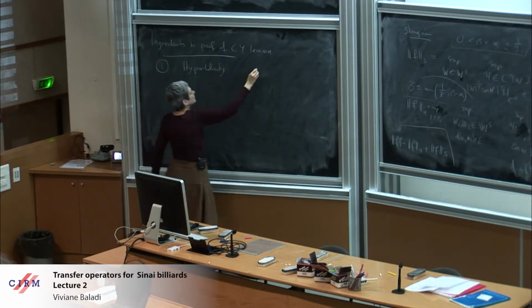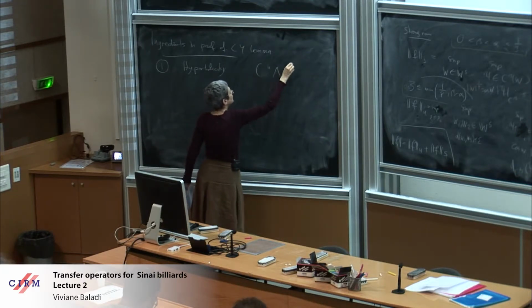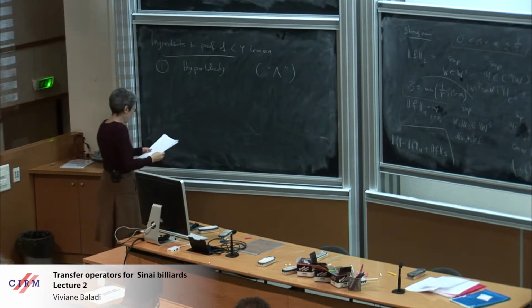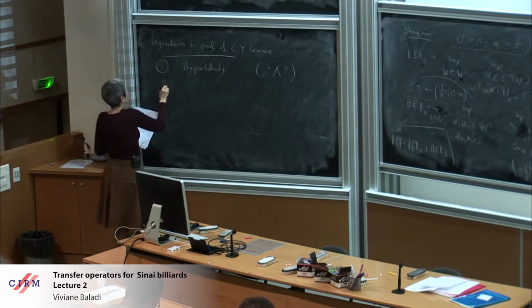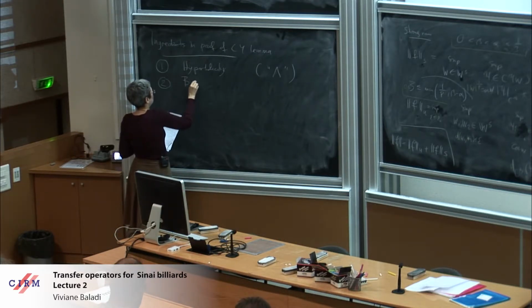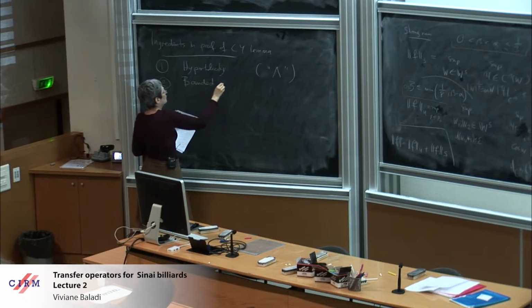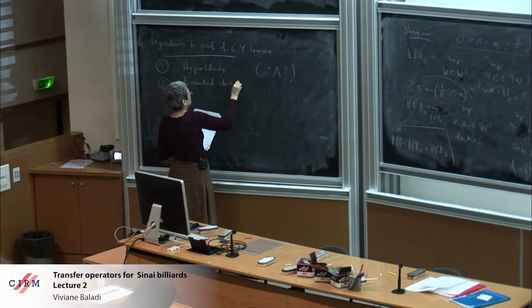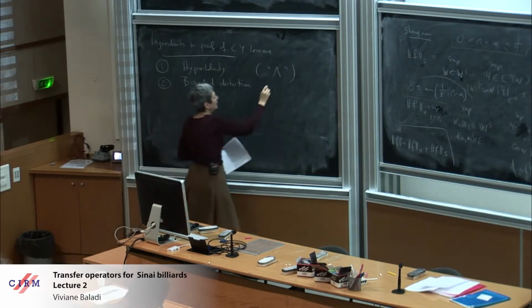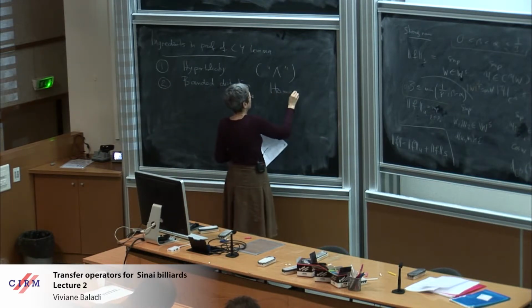So this is what I stated this morning about lambda, right? The second one is bounded distortion. And here I have to introduce these homogeneity layers, which I mentioned this morning.